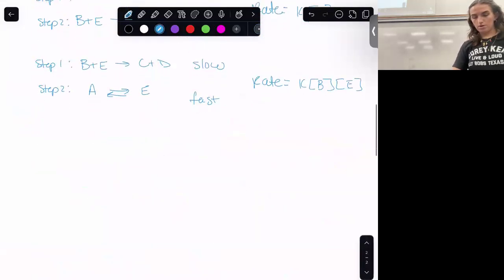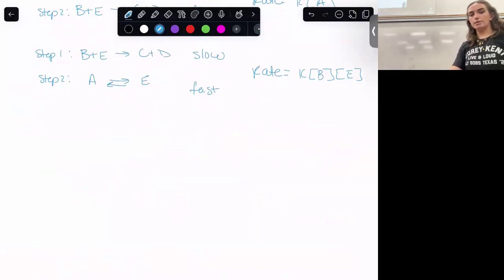Okay. So going along the lines of catalysis and catalysts in general, we can have a rate of a reaction. And these would be your reactants. And these would be your products.